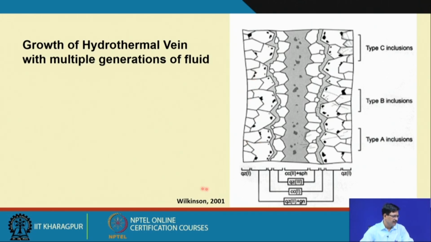This diagram has been taken from Wilkinson 2001, from one of the research papers on hydrothermal deposits. It gives us a very clear idea of the fluid deposition process, the formation of hydrothermal veins in different generations, and the importance of the study of fluid inclusions.